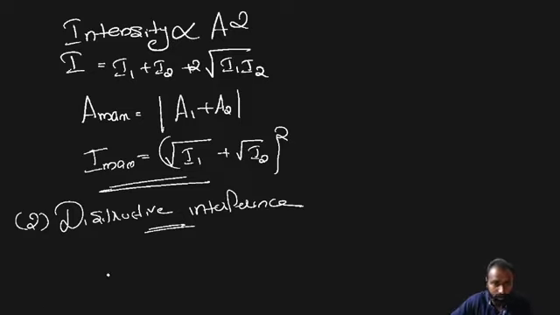Let's see the case. Then cos phi is -1. Cos pi is -1, cos 3 pi is -1, cos 5 pi is -1.